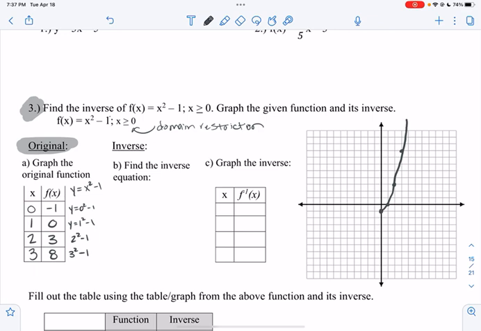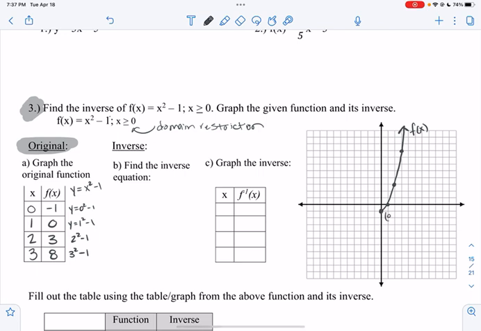I could have drawn that a little nicer. And that is going to be our original graph. Okay, it might help to label that first point as 0, negative 1.